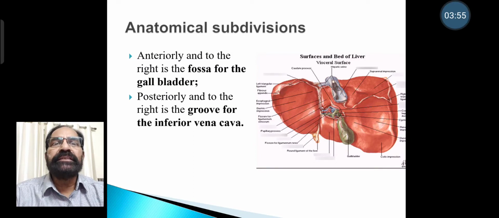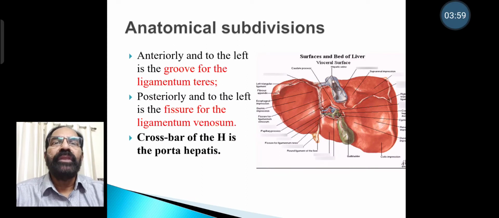Posteriorly and to the right is the groove for inferior vena cava. Anteriorly and to the left is groove for ligamentum teres, and posteriorly and to the left is fissure for ligamentum venosum. The crossbar of H is the porta hepatis as shown in the picture.